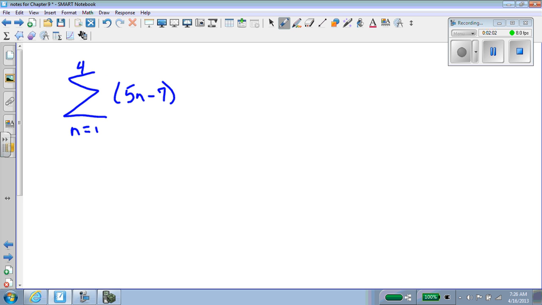Okay, so we have the sum of the terms of the sequence 5n minus 7 from the first term through the fourth term. So that would mean the first term, the second term, the third term, and the fourth term. So the first term would be plugging in a 1, 5 minus 7, negative 2.